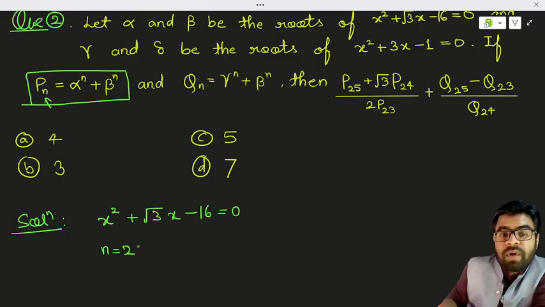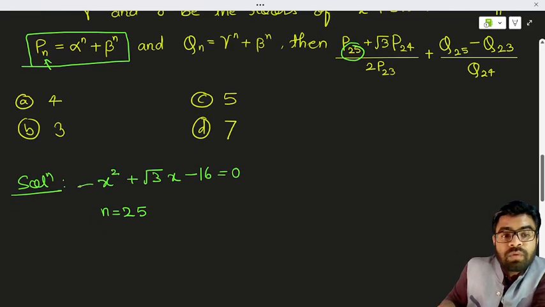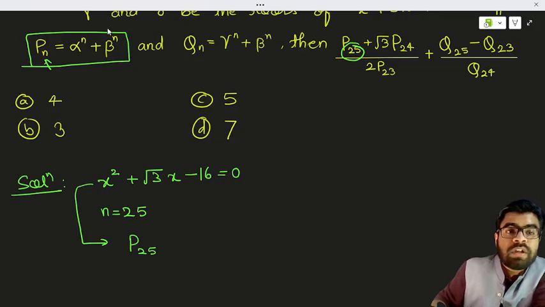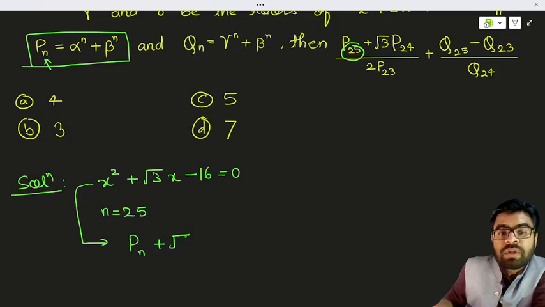अगर मैं यहाँ पे n की वैल्यू 25 ले लेता हूँ, because we have the n is greater than 25, then what we get here with the help of this equation by Newton's identity, we can write it is p25, और you can say firstly अगर मैं यहाँ पर फॉर्मूला लिख लेता हूँ, so it becomes pn plus root 3 pn minus 1 minus 16 pn minus 2 is equals to 0.